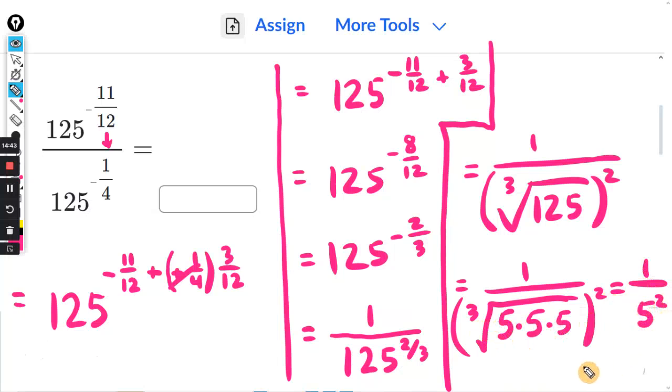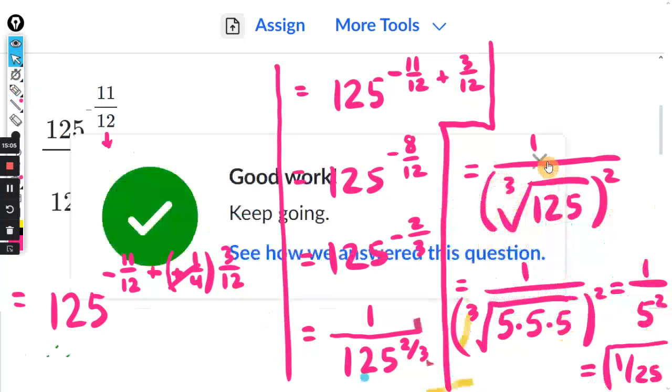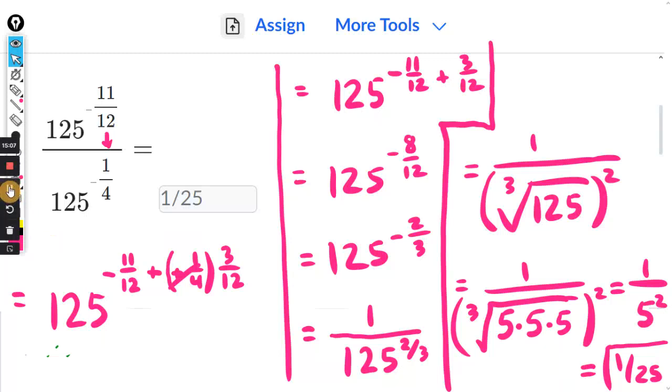And of course, 1 over 5 squared is going to be 1 over 25. The 5 is multiplied 3 times, so the third root of that is just 5. We still have the squared. That's 1 over 25. Try to do these by hand without using the calculator. Only use the calculator if you really need it for small calculations.